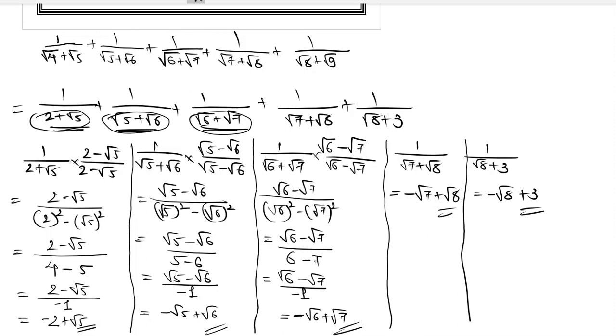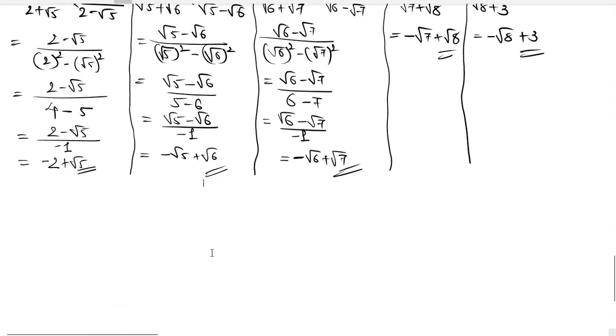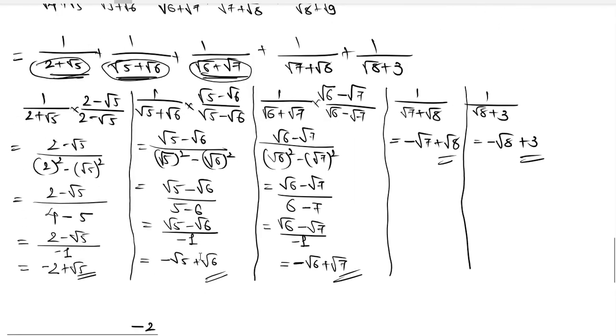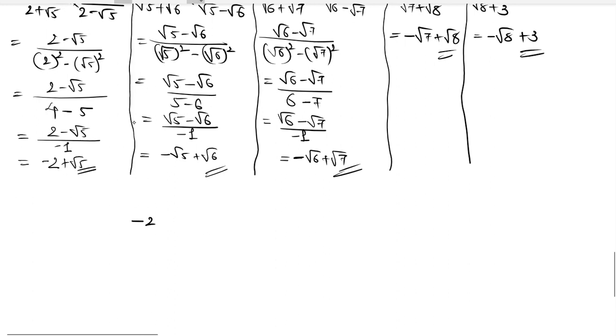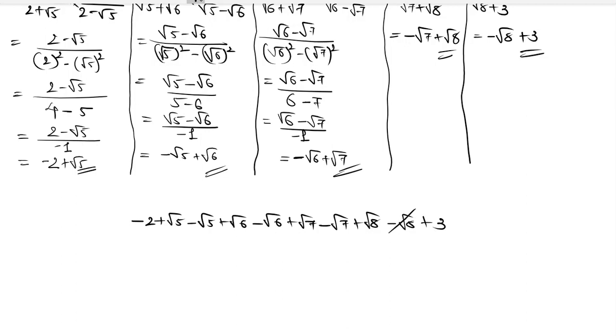So let's add them. What will we get when we add them? Minus 2 plus root 5 minus root 5 plus root 6 minus root 6 plus root 7 minus root 7 plus root 8 minus root 8 plus 3.